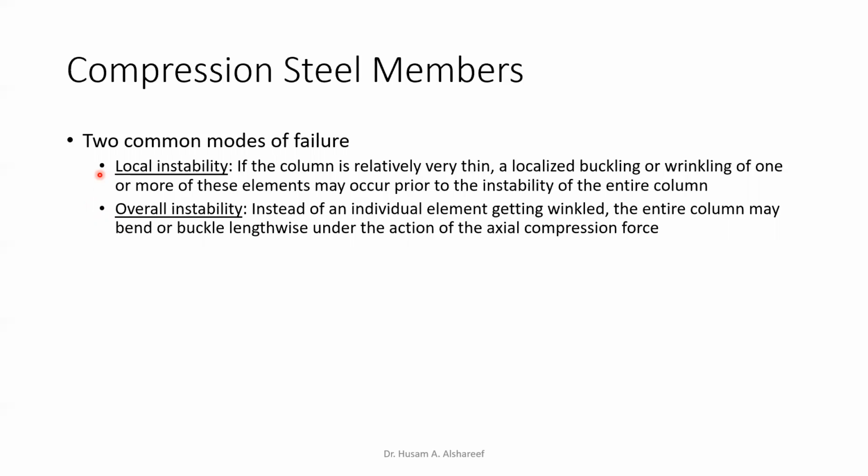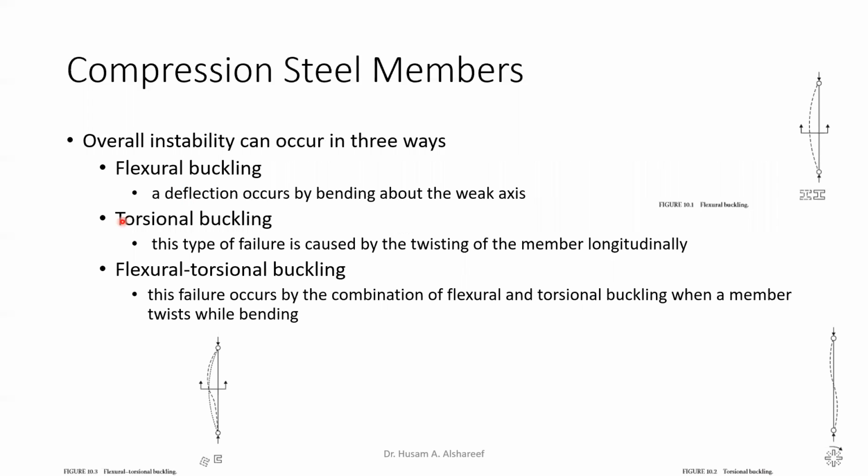And for the overall instability, the entire column will buckle. With the local instability, it'll show you a sign of failure at a small local point in any section of the element before the entire column fails or buckles, while with the overall instability the entire column will buckle.